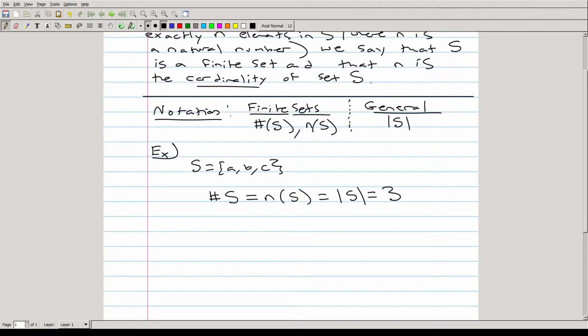But regardless of what notation you choose to use, it's equal to 3. The book uses this notation in general, and this is the notation that we're going to try and stick to. However, we can also use these two notations as well.